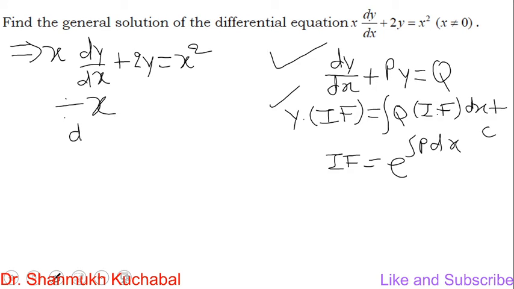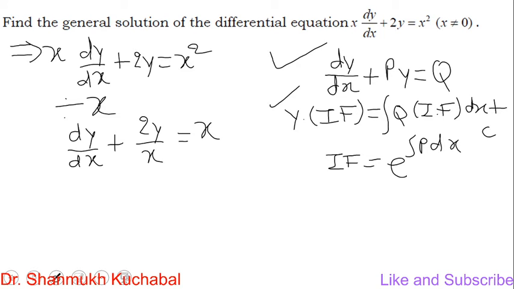We get dy by dx plus 2y divided by x equal to x square by x, which is x.